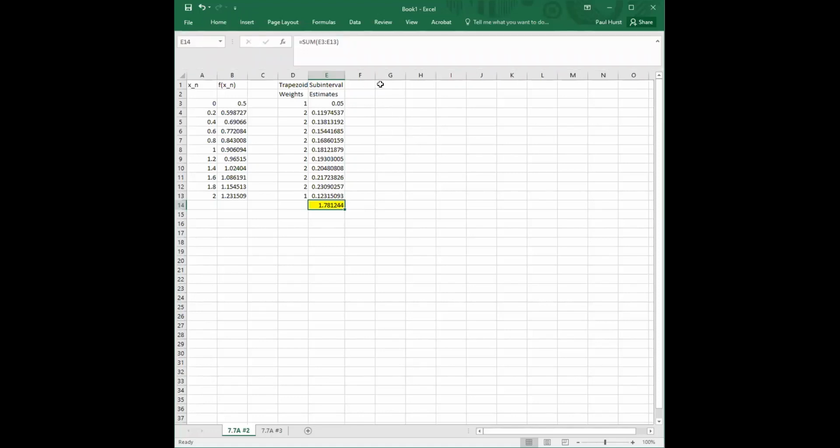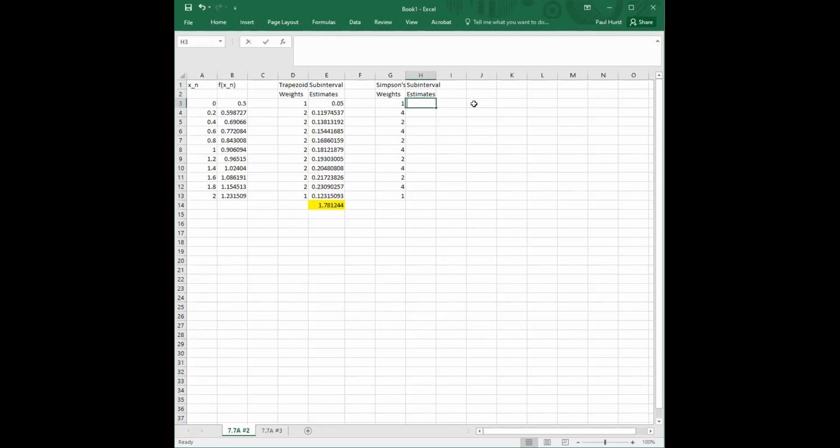Now I'm going to do Simpson's rule weights. And those ones, remember, were 1, 4, 2, 4, 2, 4, 2, 4, 2, 4, 2, and then, wait, no, 4, 1. The last one is a 1. And then subinterval estimates.